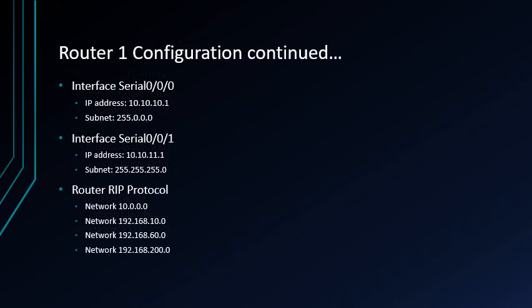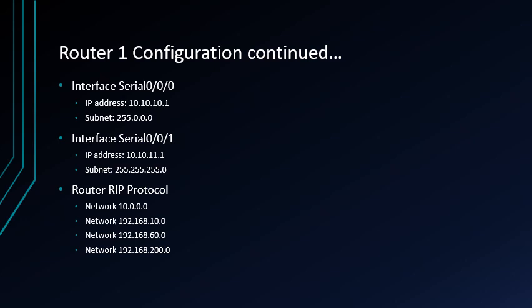And for the continuation of the router 1 configuration, for the serial 0 interface, we used the IP address 10.10.10.1, and the subnet was 255.0.0.0. And for the serial 1 interface, we used IP address 10.10.11.1, and the subnet was 255.255.255.0.